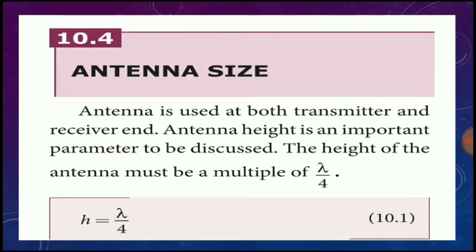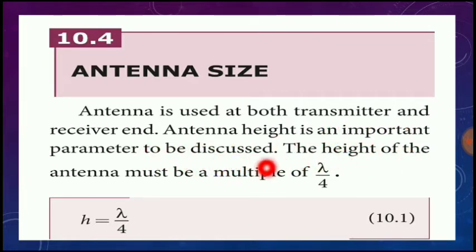Next, antenna size. From this topic, definitely 1 mark questions will come. At the same time, problems will come based on the size of the antenna. There is a formula. Antenna is used at both transmitter and receiver end. Antenna height is an important parameter to be discussed here.